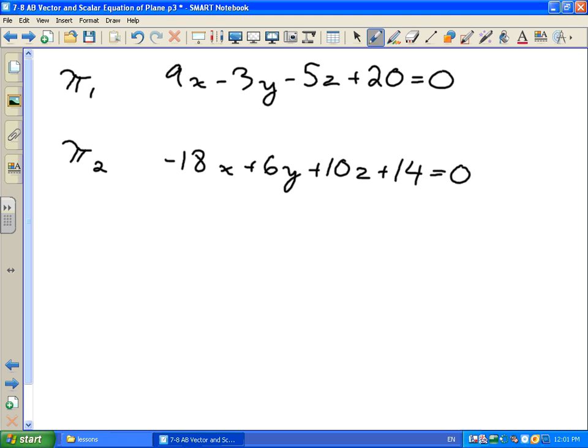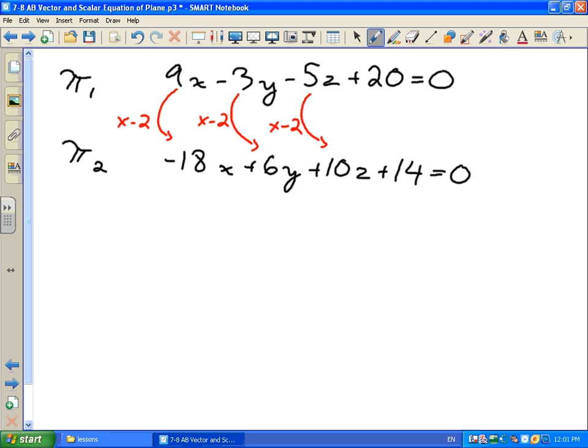So what we can see is, if I take 9 times negative 2, I get negative 18. Negative 3 times negative 2 gets me 6. 5 times negative 2 gets me 10. Which essentially shows me that these two planes are parallel, because these three terms, A, B, and C, represent the normal of my plane.